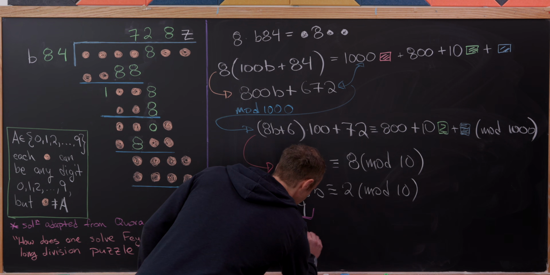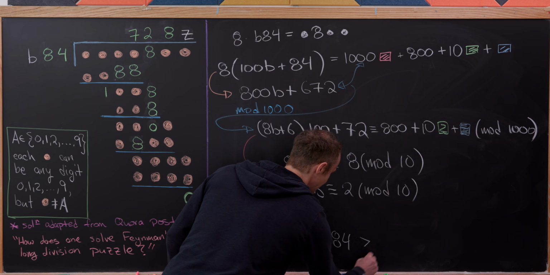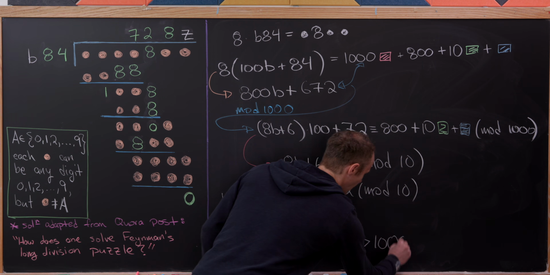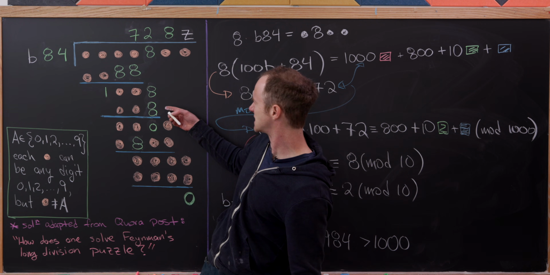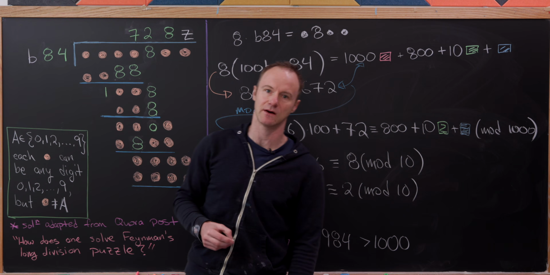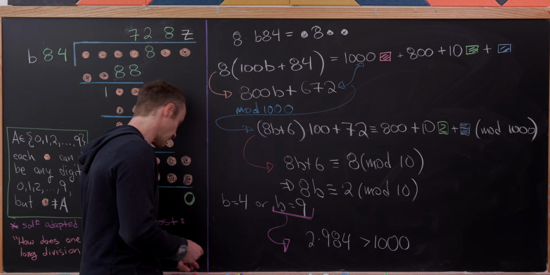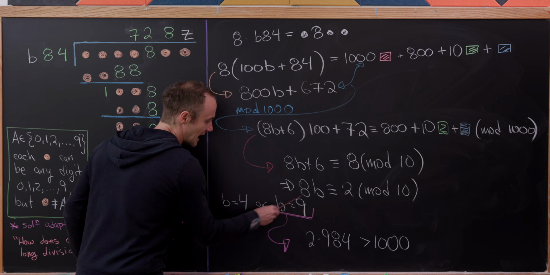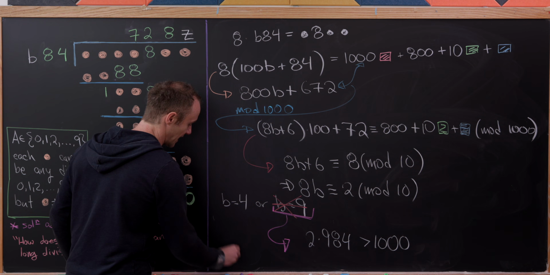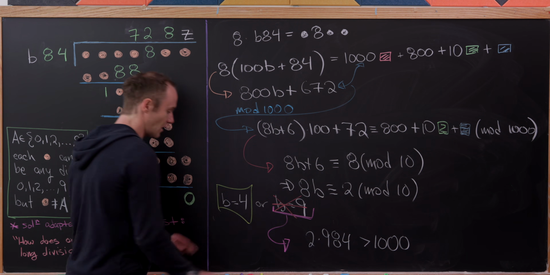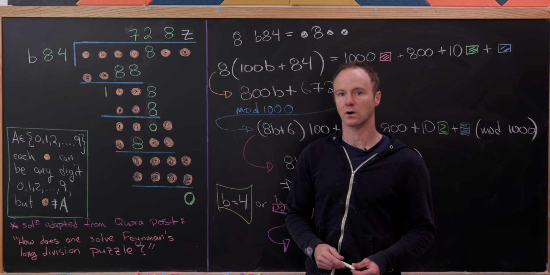Notice that we have 2 times 984 is definitely bigger than 1000. Oh, but look, that should just give us a 3-digit number. But if we're bigger than 1000, we cannot be only a 3-digit number. So now, like I said before, this b is equal to 9 is not possible, leaving us with only the remaining possibility, which is b is equal to 4.